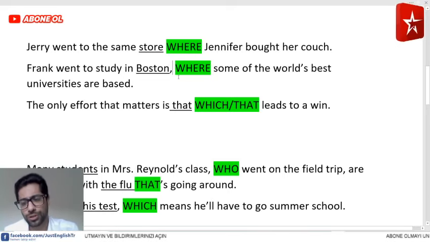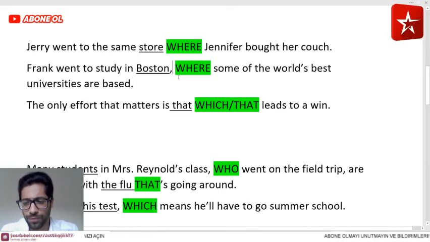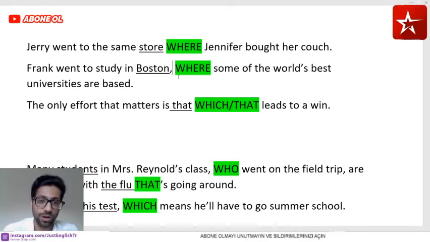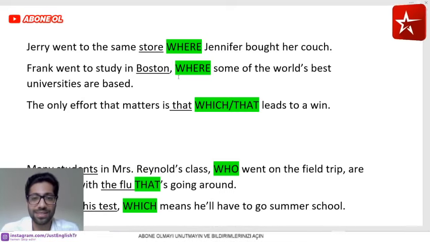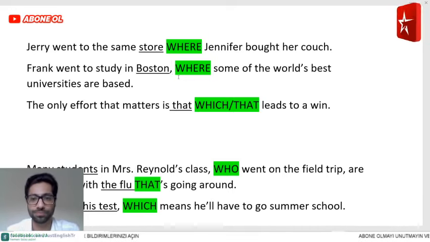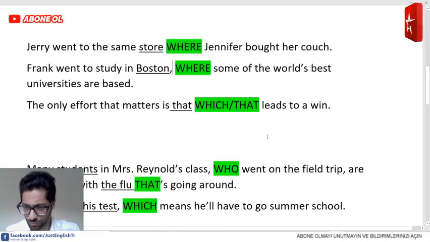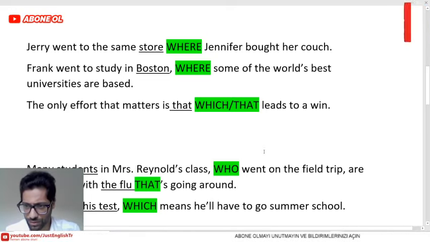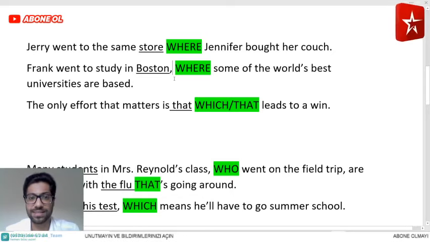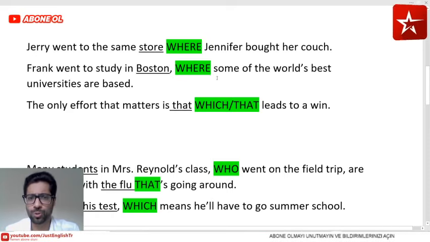Okay, because I have so many questions between now and then. Why do we not use a comma here? Why don't we use a comma here? If you understand the structure or the details of why we use it and why we don't, it's very important to understand. Someone says, why is it not which? It's a place. I believe there will be no problem if you use which: some of the world's best universities are based, no problem.